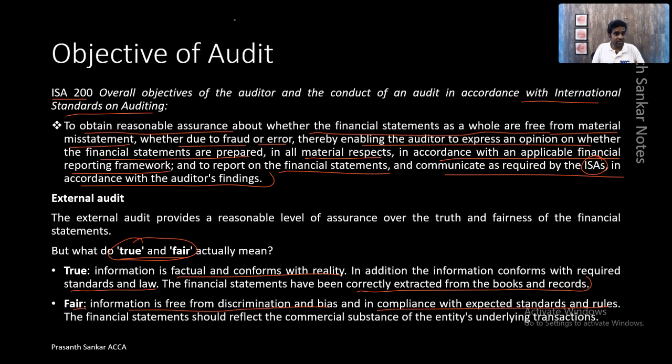Trust me, this is what he's trying to achieve. He's trying to gather all the necessary evidence to prove the transaction that it is true and fair. When he fails to do so, that's when his opinion changes. From an unmodified opinion, he might give a modified opinion. Modified opinion means it's not true and fair. We'll learn that in detail.